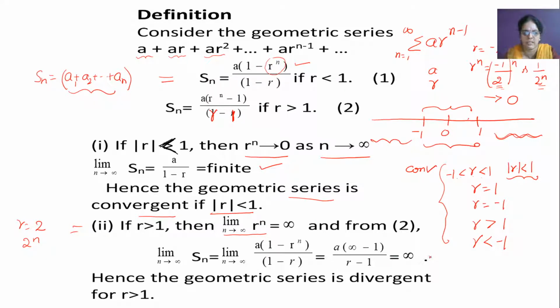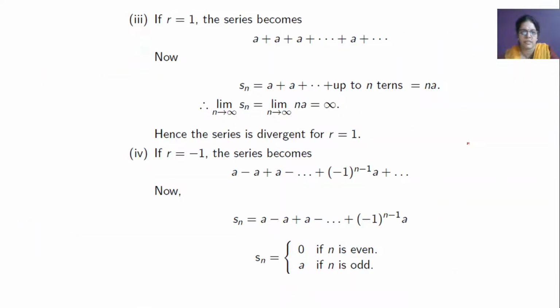So clearly it is infinity. So as n tends to infinity, Sn reaches infinity, which means the sequence of partial sums is divergent. Therefore, the geometric series also diverges. So in this case, it diverges. And in between these two values, it converges.